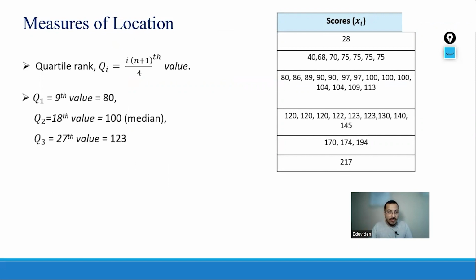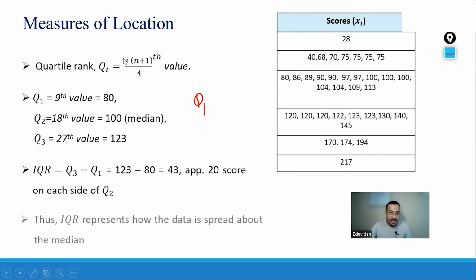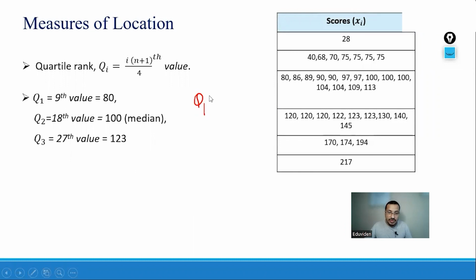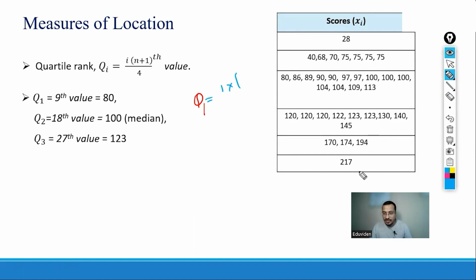Now, if I want to calculate the Q1, Q2, Q3 values, how will I calculate? For Q1, i stands for 1, so this will be 1 into (n plus 1) over 4. Total n, for that we need to calculate the frequency or cumulative frequency, the number of data points. If I remember, it was 35.